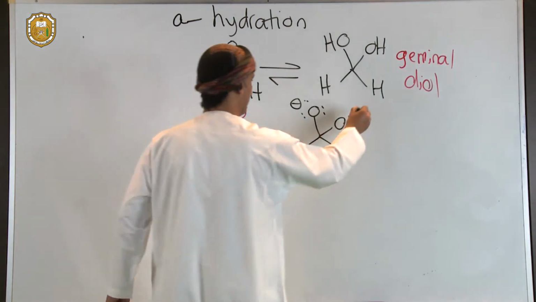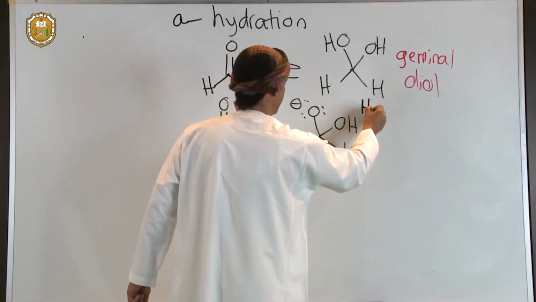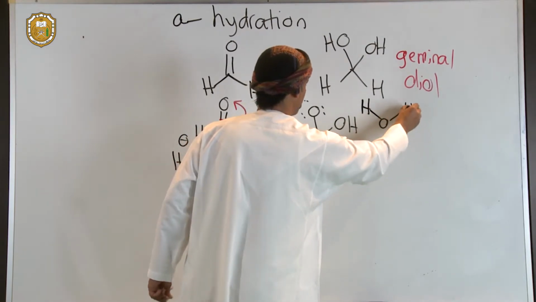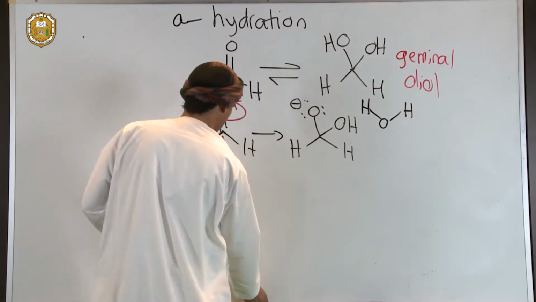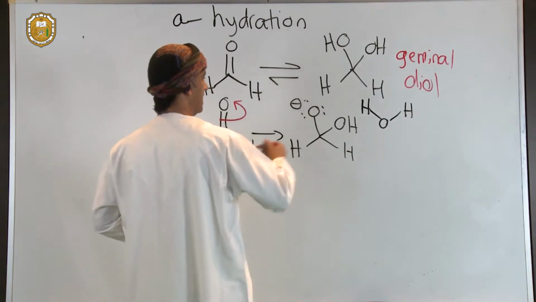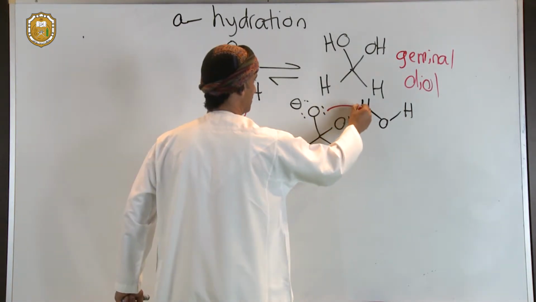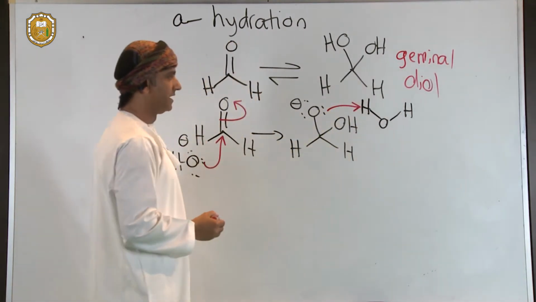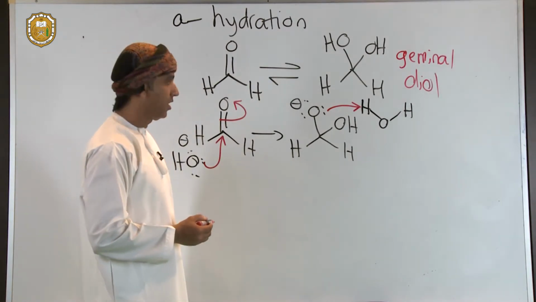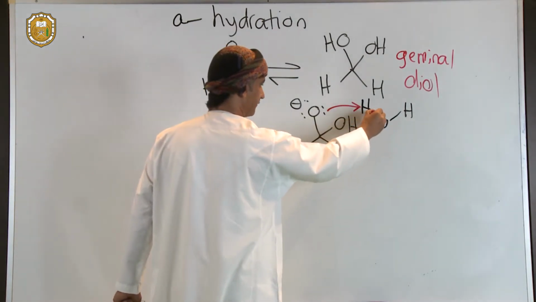So this is water, basically. We can protonate this alkoxide by water. The alkoxide, or the negatively charged oxygen, picks up a proton from water.